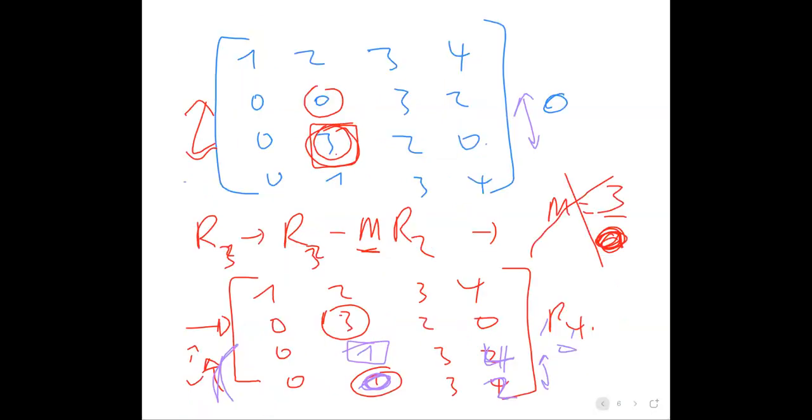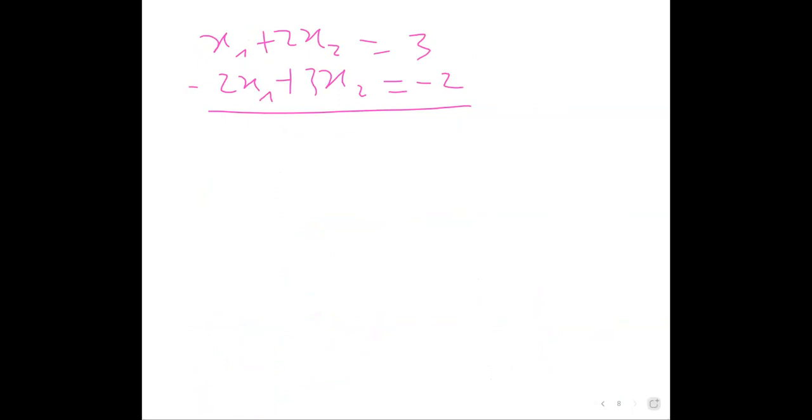Basically, you have x1 plus 2x2, very simple, and minus 2x1 plus 3x2, equal to 3 and minus 2. If you do a row exchange on the right-hand side, then it's minus 2x1 plus 3x2 equal to minus 2.